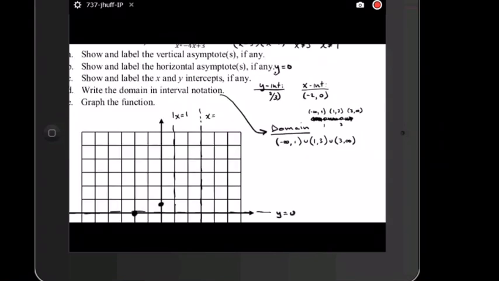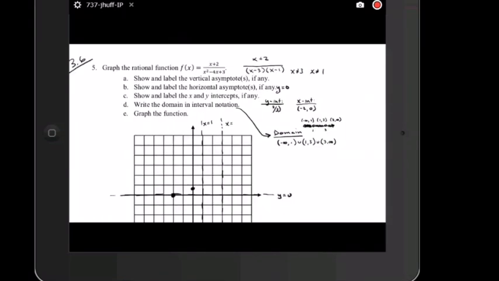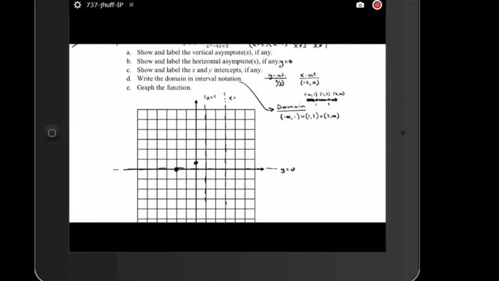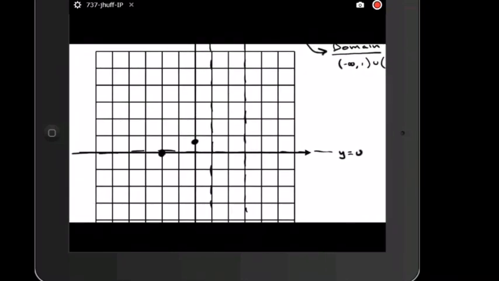Graphing now for part E. These kinds of graphs are separated by the vertical asymptotes. There may be a piece here, a piece here, and a piece like this. We just have to figure out where the pieces are.